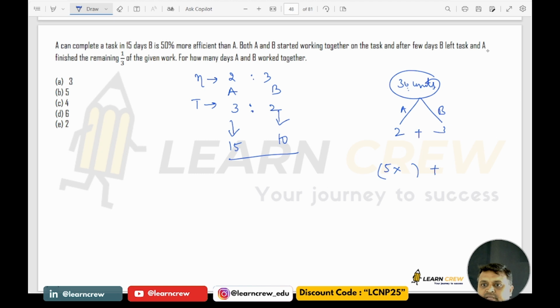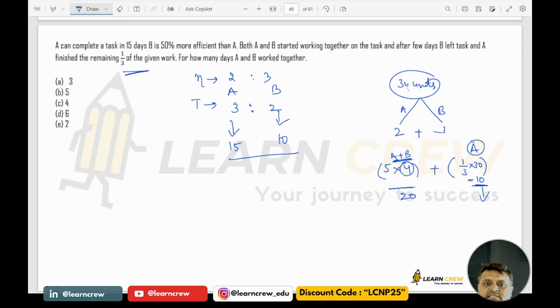B left and A finished the remaining 1/3. Remaining 1/3 of 30 means 10 units, done by A only. The other 20 is done together, 5 into 4, so A and B worked together for 4 days.